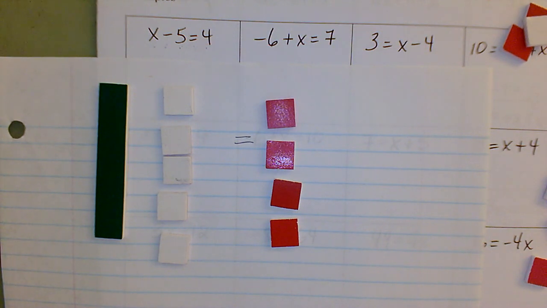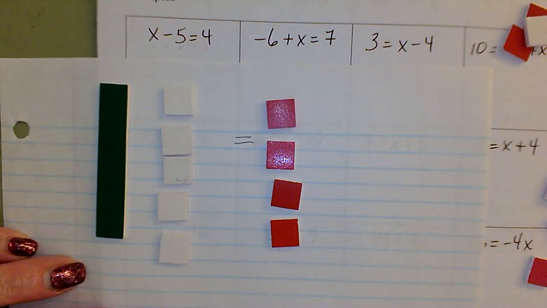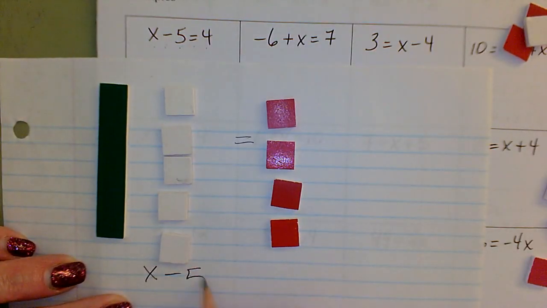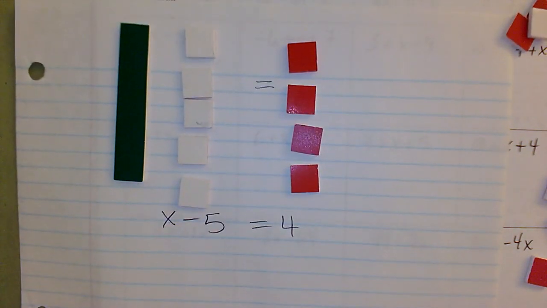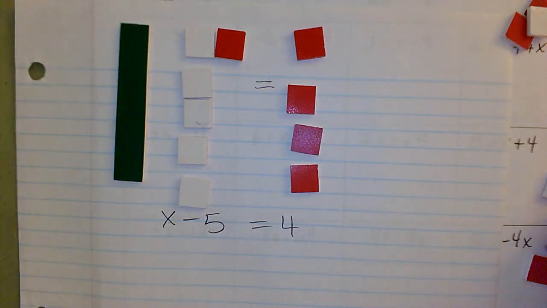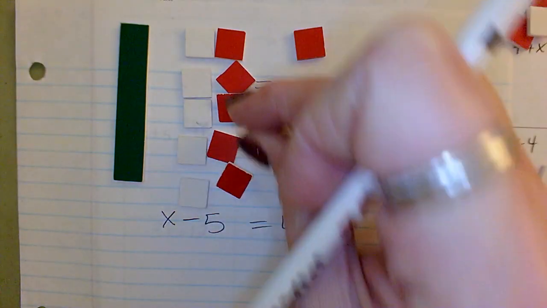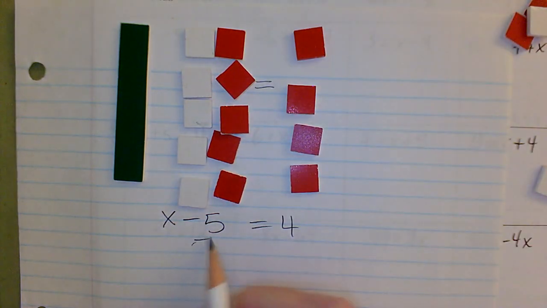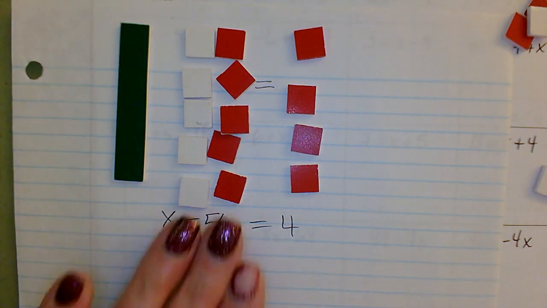I had to put plus 5. So I have X minus 5 here equaling a 4. If I add 5 to this side, I add 5 to this side. What happens to these? They cancel out. So I can eliminate them.